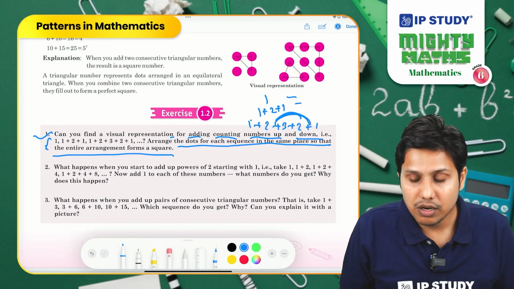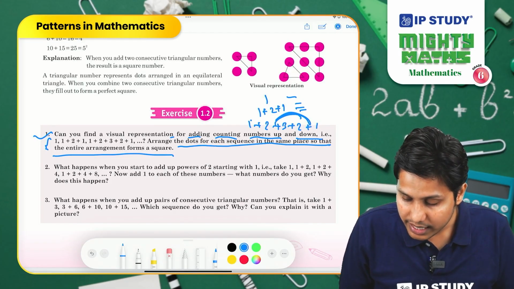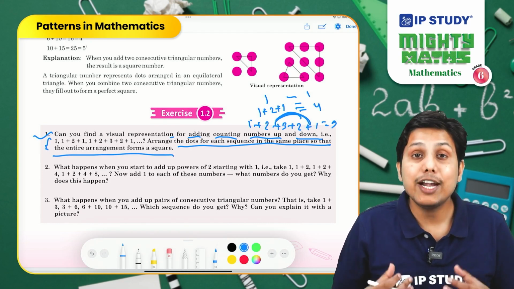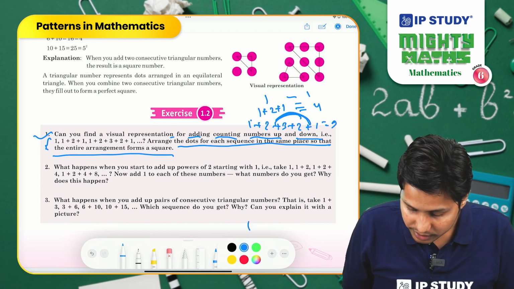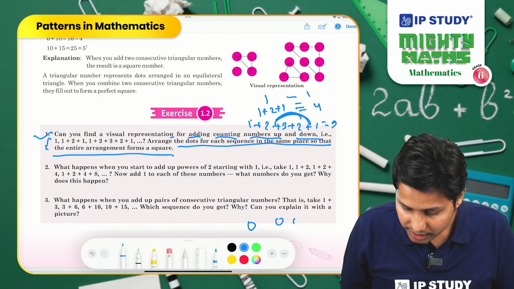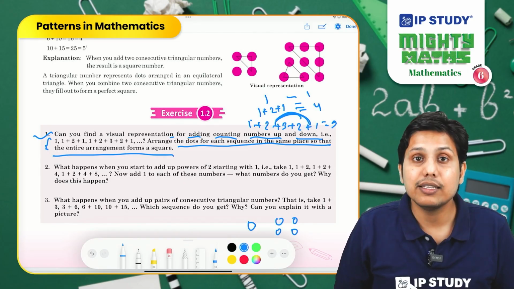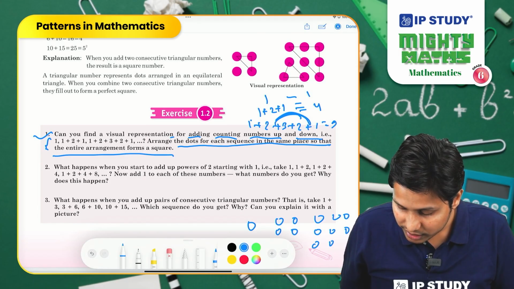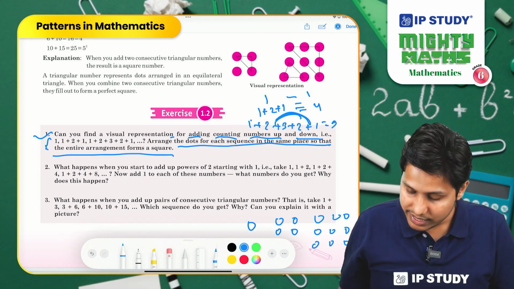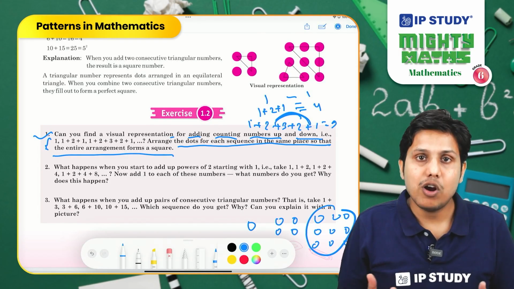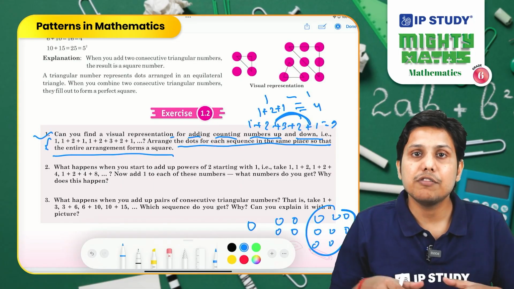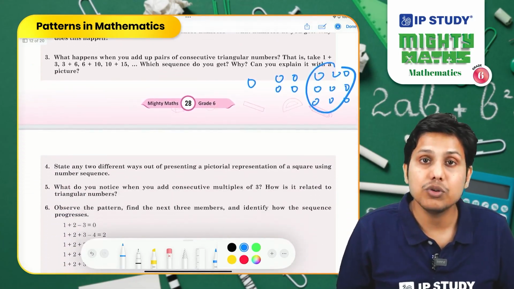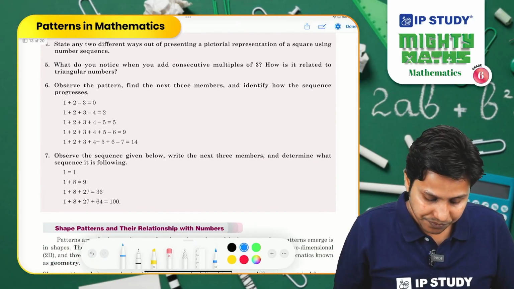We will observe that we'll get a square number every time, and if we try to visualize it, it will look like this: 1, then 4 will be in the form of a square like this, then for 9 we have 3 rows and 3 columns, and the dots will be arranged like this. Okay, so they wanted us to represent the sum in the form of a visual representation. Now similarly you can solve other questions also.